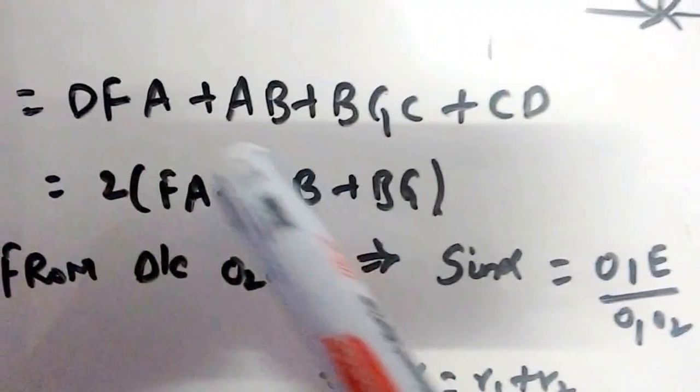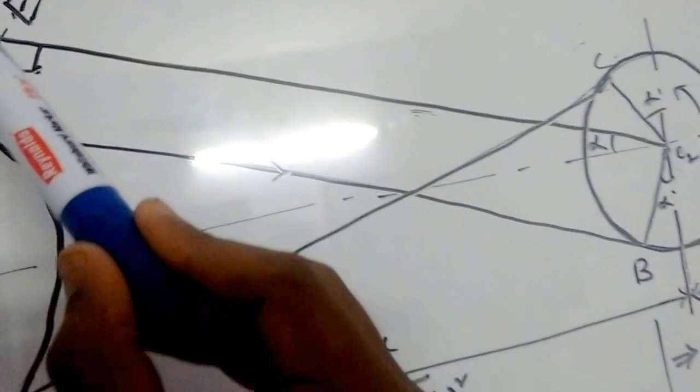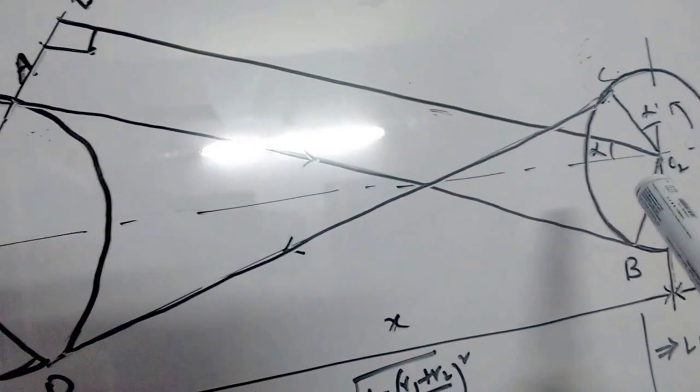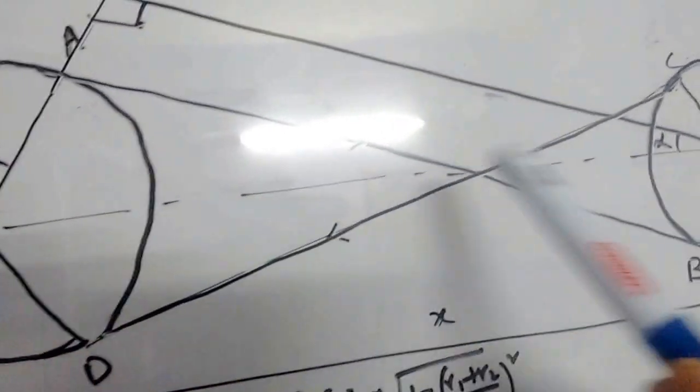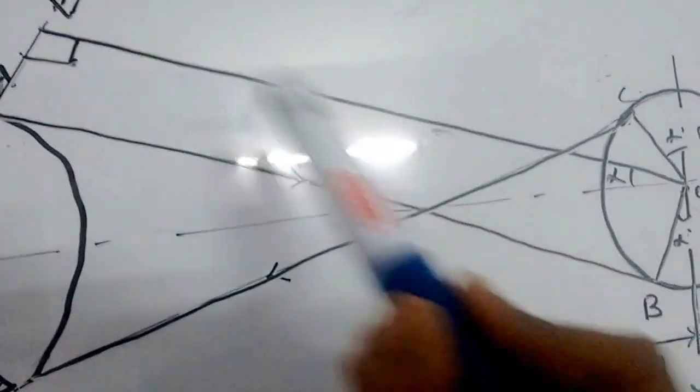The remaining term is AB, which we don't know yet. From the triangle O1 O2 E, AB is equal to O2E.